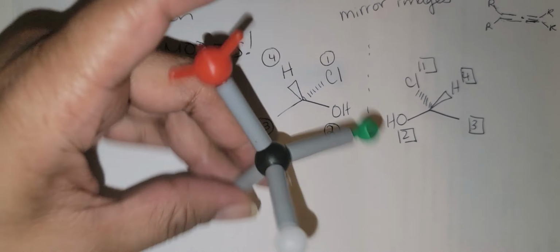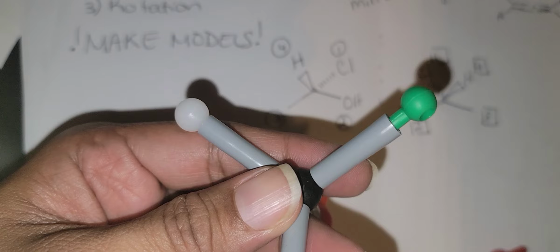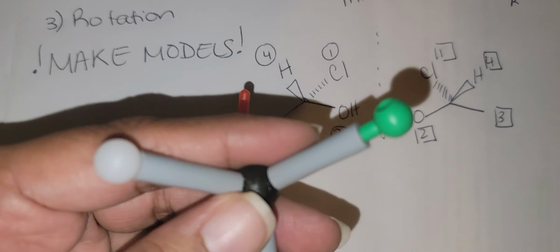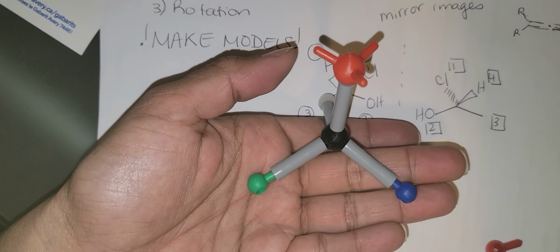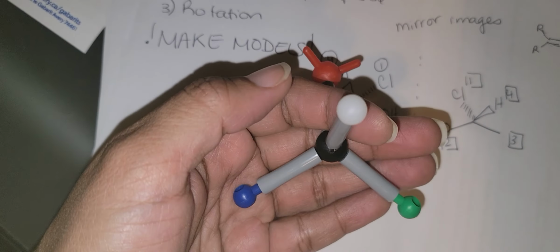So you can see no matter what, I can rotate and align my model. And this is what you must do in your assignments. Please make sure you're aligning your model correctly. So again, the stuff on the straight lines is flat in front of you, the red going behind you, the white towards you, okay?